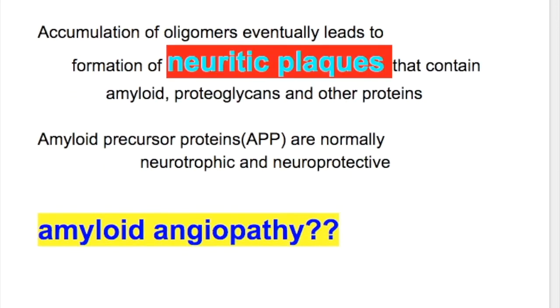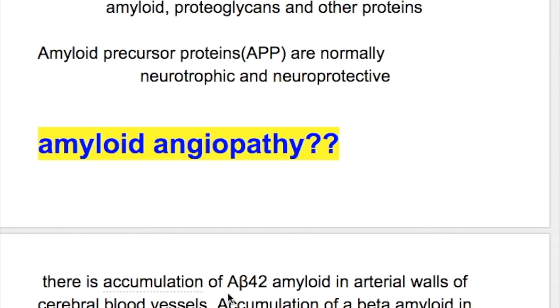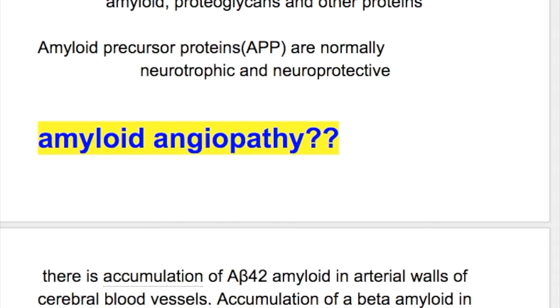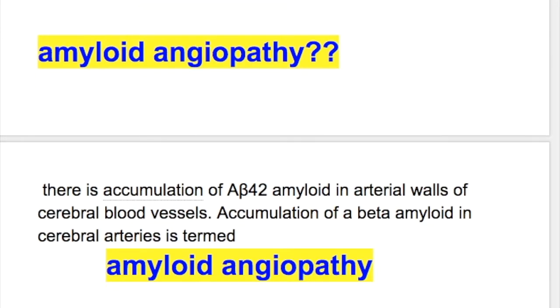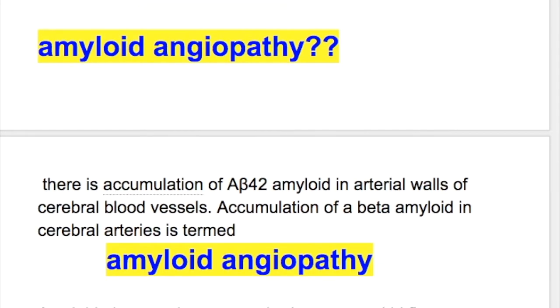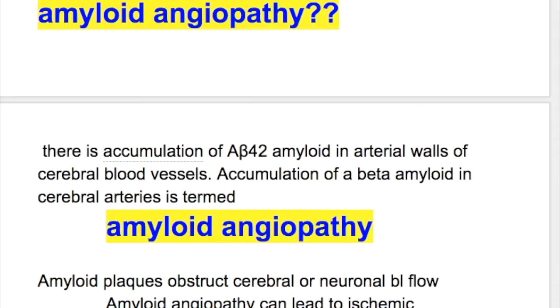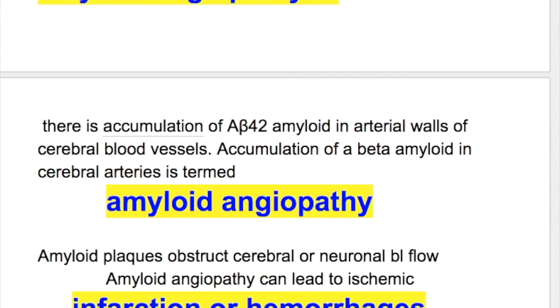And what's amyloid angiopathy? There is accumulation of A-beta 42 amyloid in the arterial wall of cerebral blood vessels. Accumulation of beta amyloid in cerebral arteries is termed amyloid angiopathy. Amyloid plaques obstruct cerebral or neuronal blood flow. Amyloid angiopathy can lead to ischemic infarction or hemorrhage.